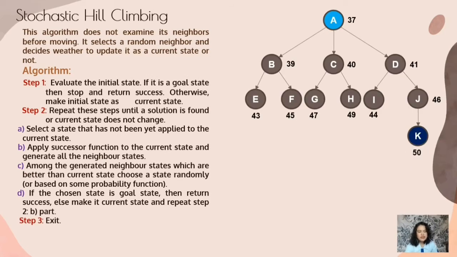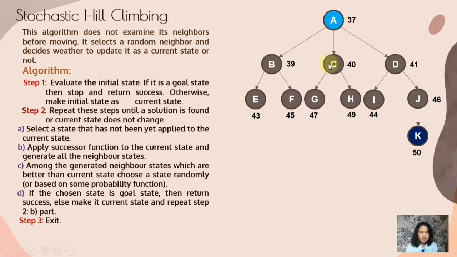So sa atong example diri is 3 data. So ang atong initial state is the letter A, then atong goal state is the letter K. So sa stochastic hill climbing, iyahang i-choose randomly between the neighboring states as long as mas better siya sa initial state. So sa atong case si A, which naay value nga 37.